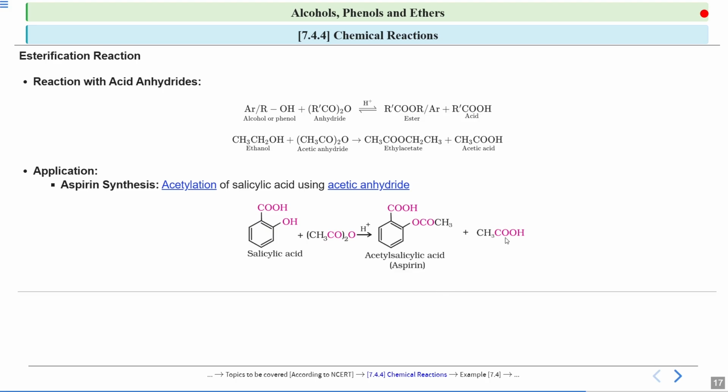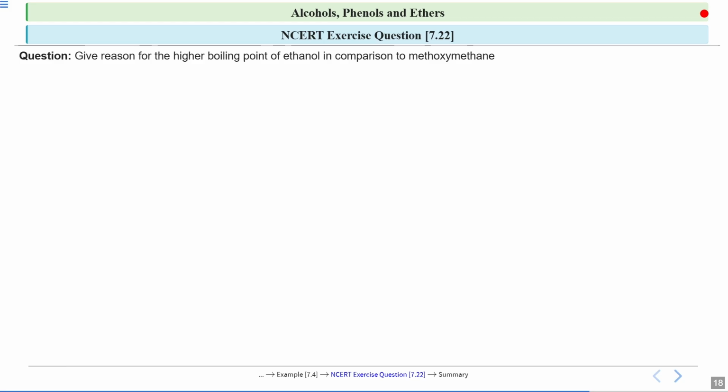Okay. Now we will solve one question: give reason for the higher boiling point of ethanol in comparison to methoxymethane. Okay. So I'll give you 40 seconds.